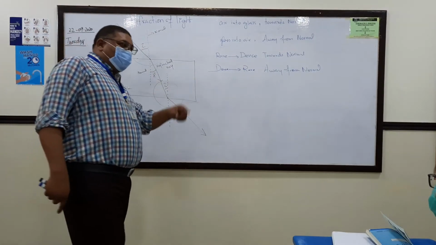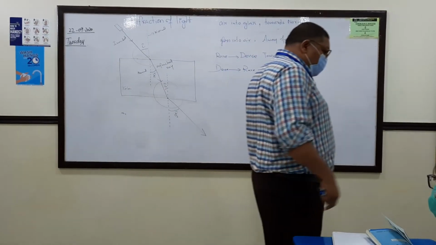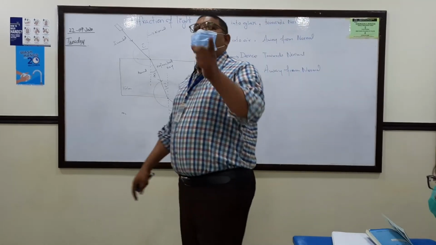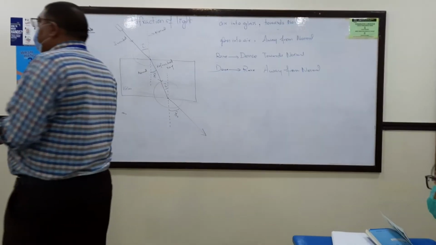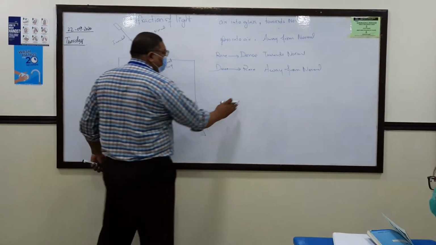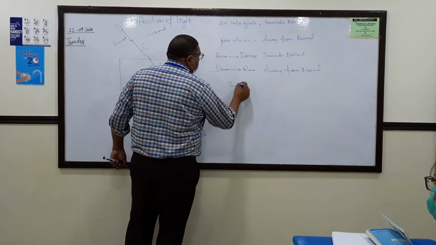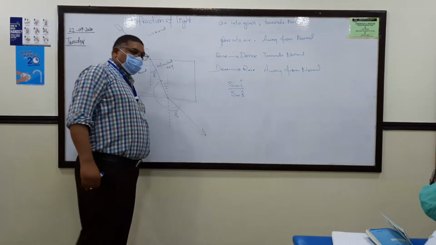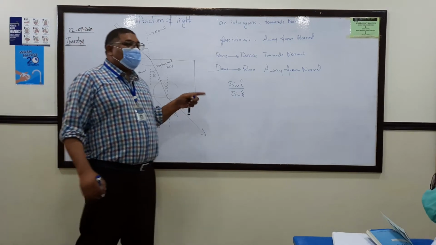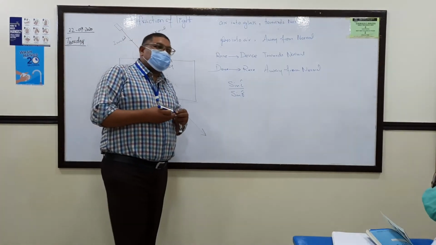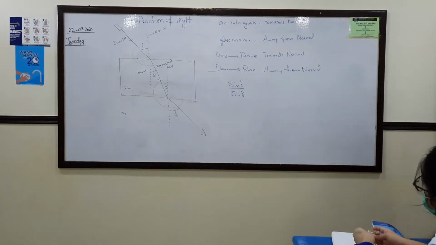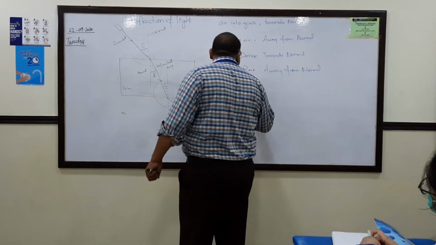The second and very important law is that whenever the refraction happens, the ratio of sine i to sine r, the ratio of the sine of the angle of incidence to the sine of the angle of refraction, always remains constant.